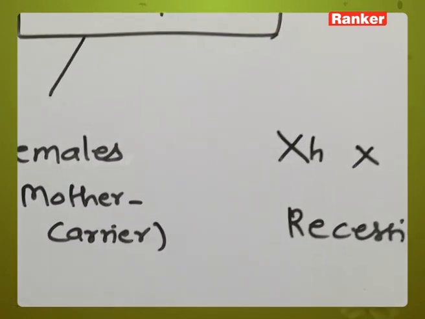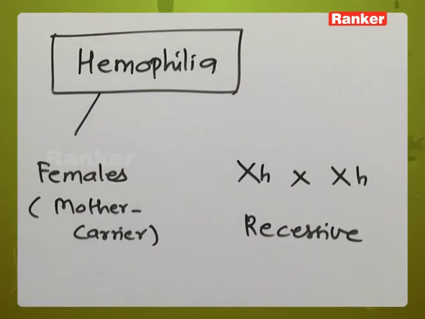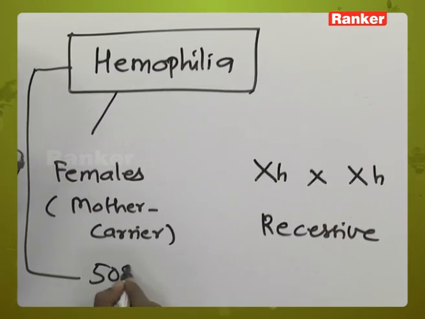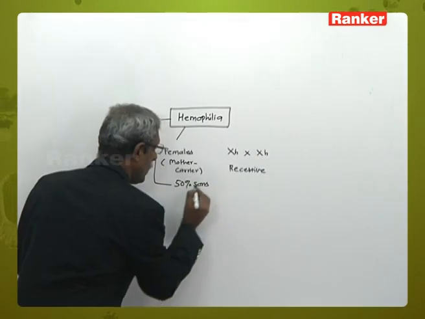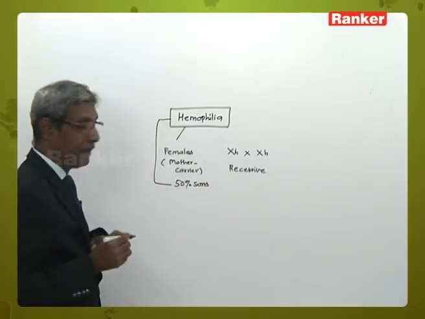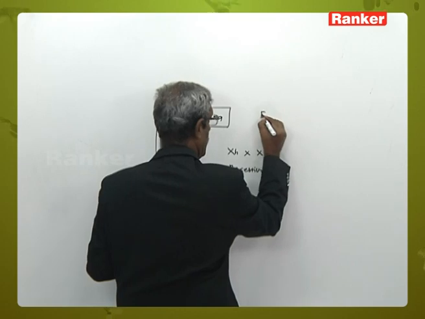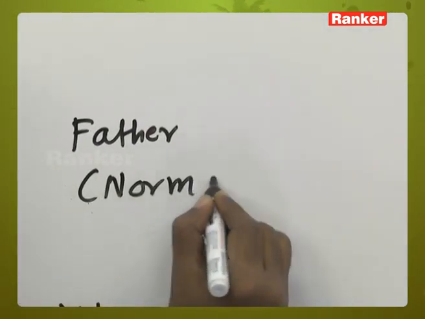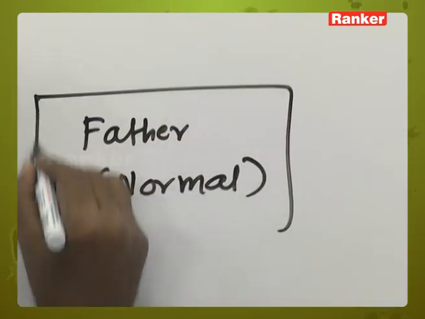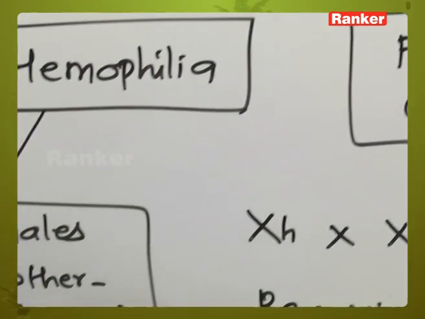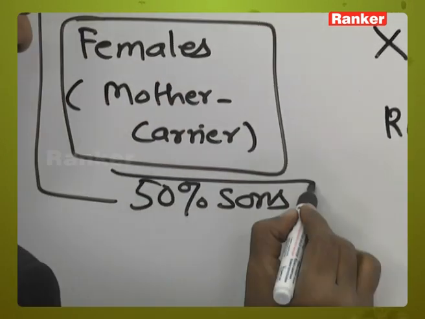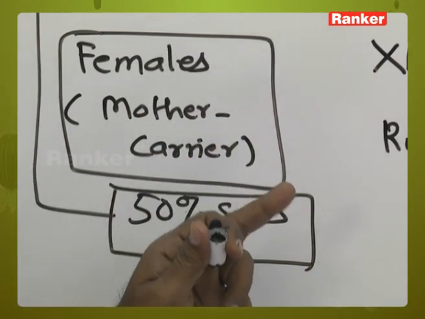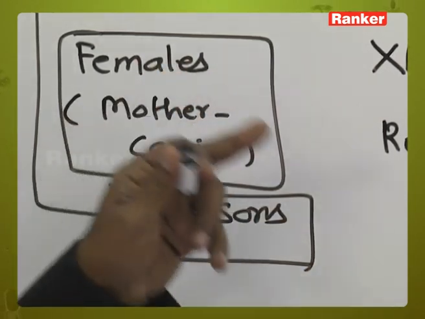So transmission of hemophilia is 50% to the sons, even if the father is normal. The mother is the carrier, and it is inherited by 50% of the sons. This is the normal trend of the sex-linked disorder hemophilia.